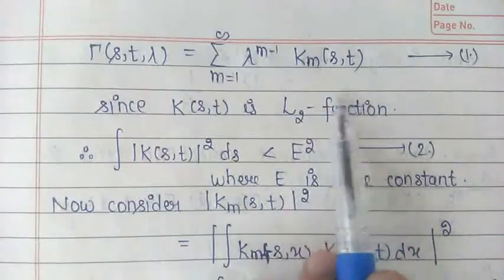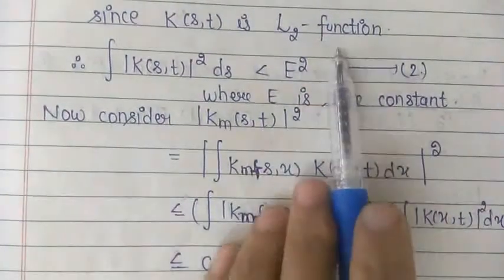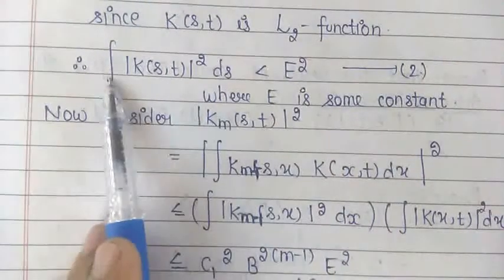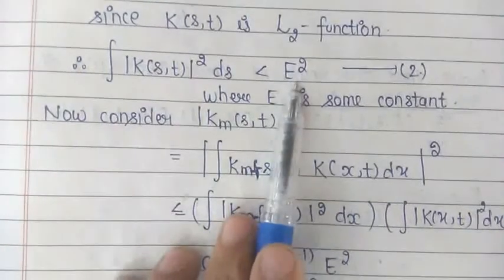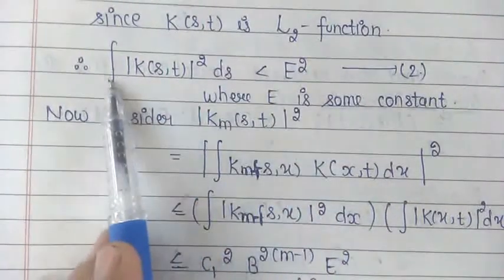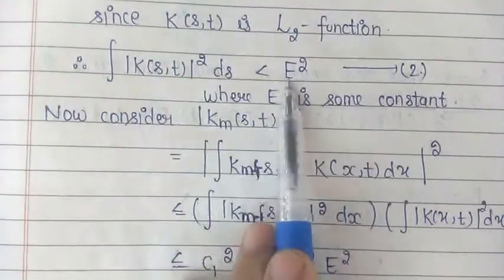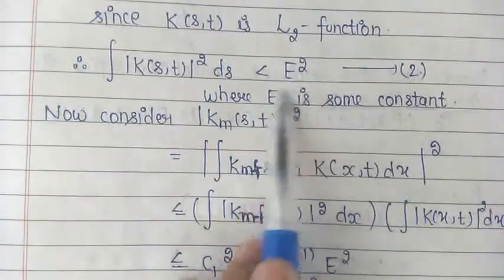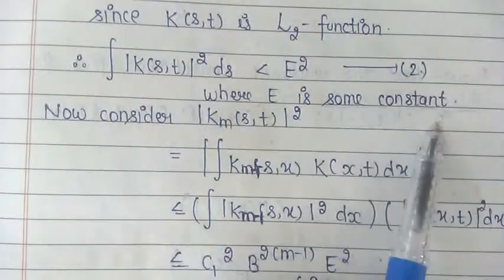Now because the kernel is a square integrable function, and by definition, a square integrable function means the integral of the square of the modulus of the function is finite. So here, the integral of the square of the modulus of K is finite, and we have taken a bound E squared, where E is some constant.